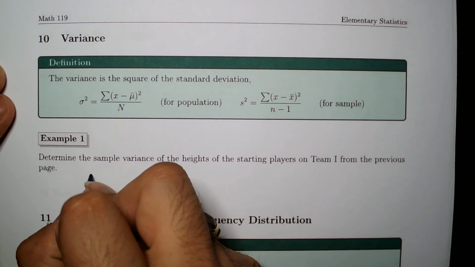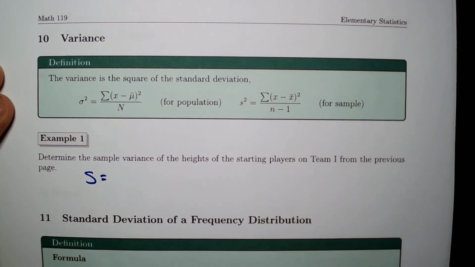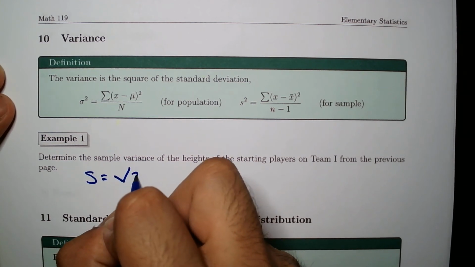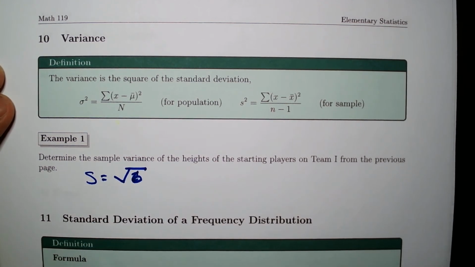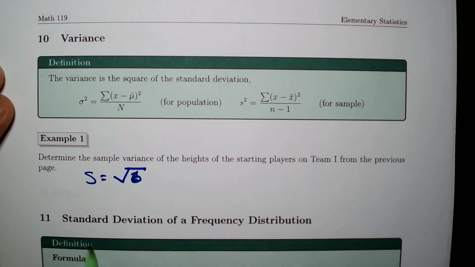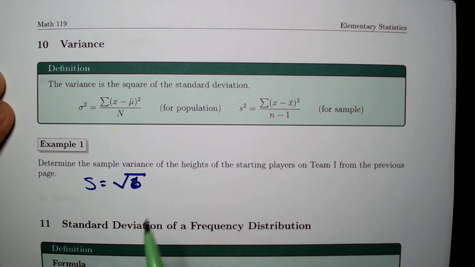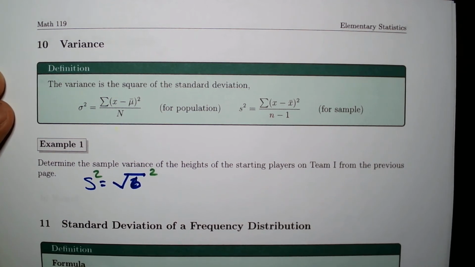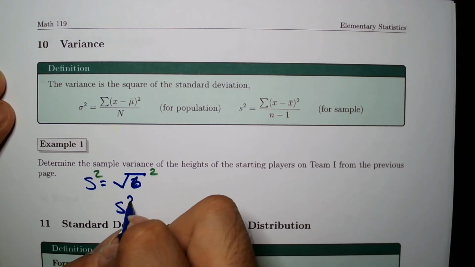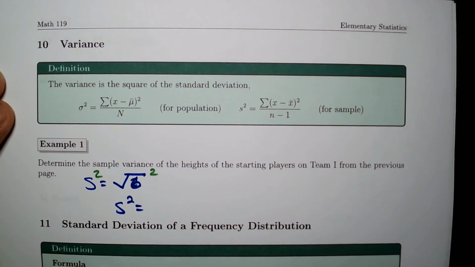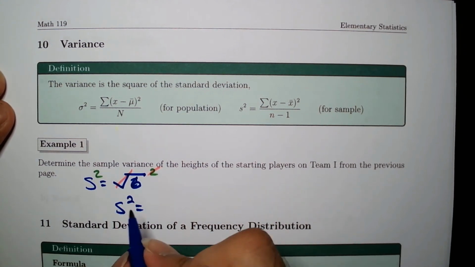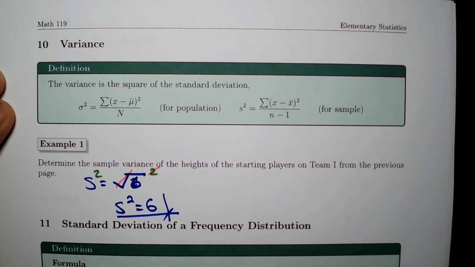We got a standard deviation s of the square root of 6. The variance is no other than the square of the standard deviation, which in this case, boom, cancel the radical with the exponent. So the variance is 6.